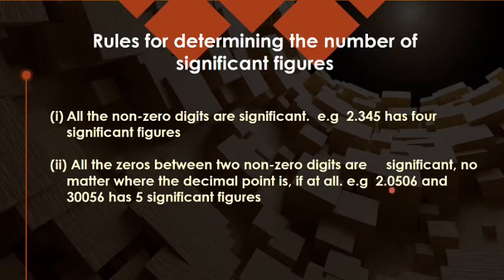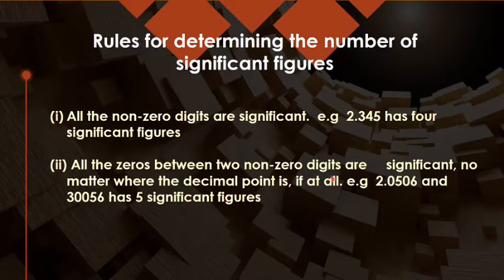Whenever I get 0 between two non-zero digits, it becomes significant. So it has 5 significant figures. Similarly, if I write 30056, no decimal point is there, but still it has 5 significant figures. So whenever I get zeros between two non-zero digits, they become significant. This is the second rule.